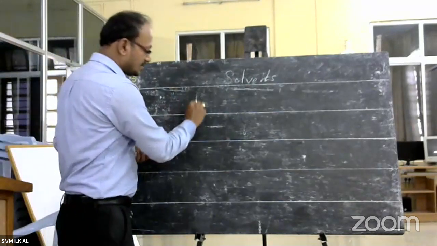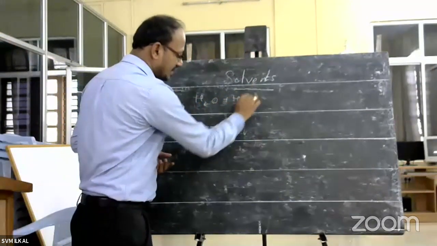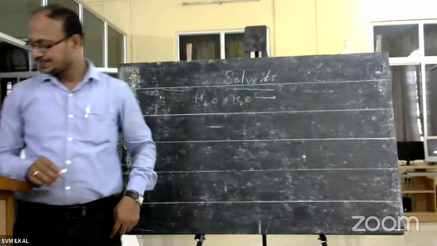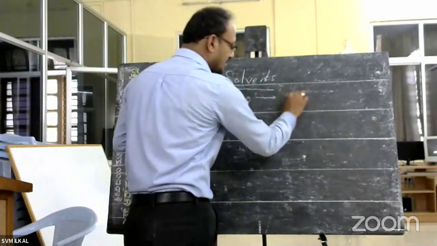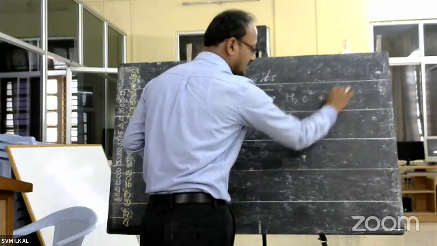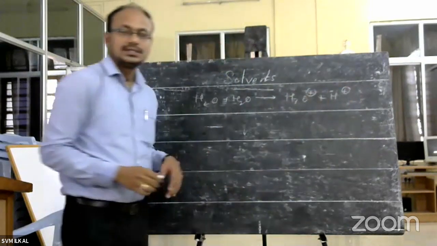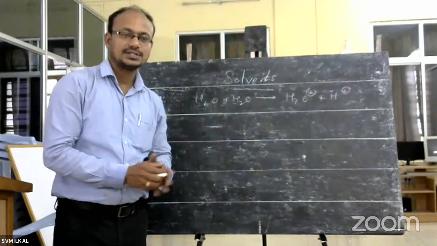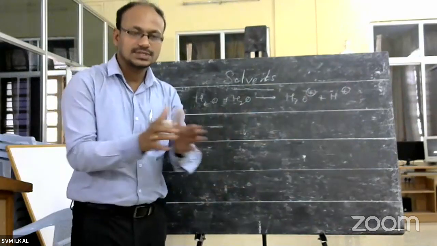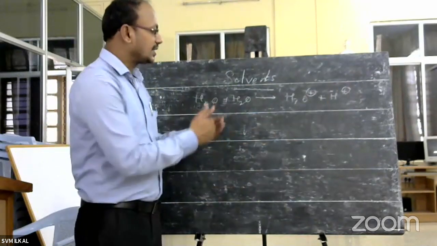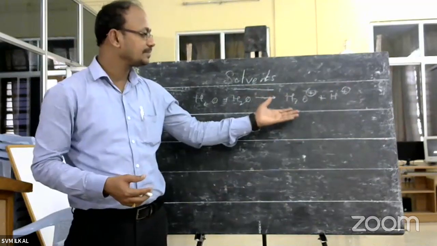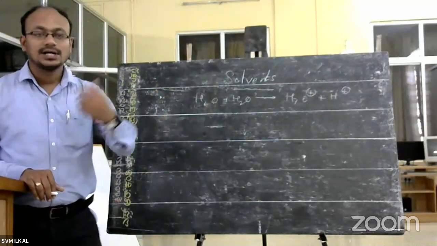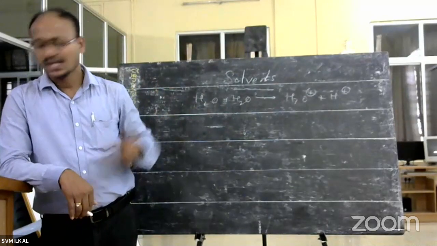If you take two water molecules, they form hydronium H3O+ as well as OH minus. So the water auto-ionizes itself and forms a hydronium ion as well as a hydroxide ion. This is an example of ionizing solvents.